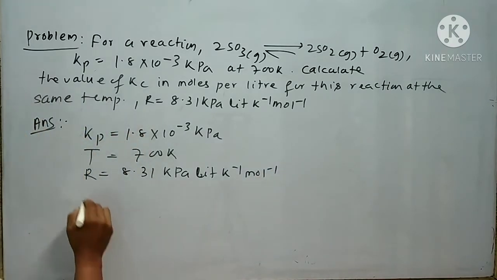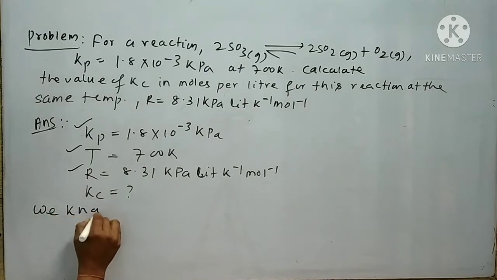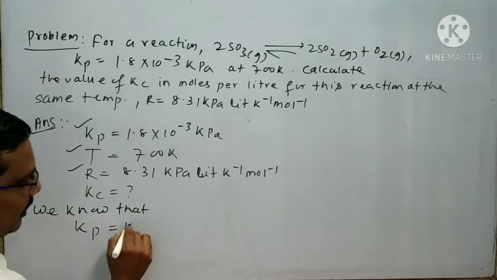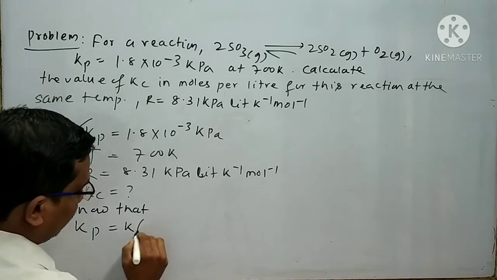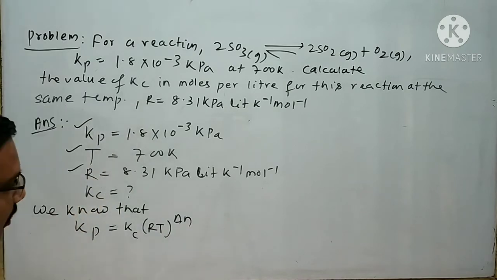Our aim is to find out the value of Kc. We know that Kp equal to Kc into RT to the power del n. In this equation we need the value of del n. So our first aim is to find out the value of del n.